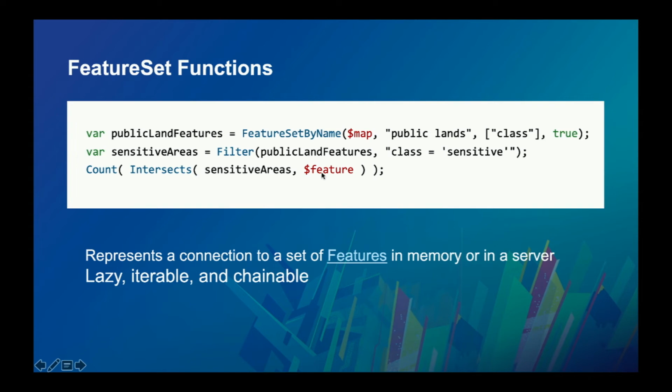It takes a little second to wrap your head around it, but this is only available in your pop-up in your apps. You cannot do this in renderers or labels, and the main reason for that is because this will kill your performance, because we're actually executing a query in the process. The Arcade parser will build a query object, saying I want you to give me all the features where the class is sensitive and where it intersects this area.